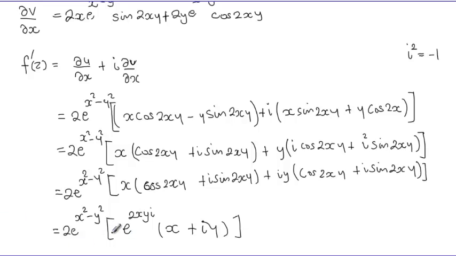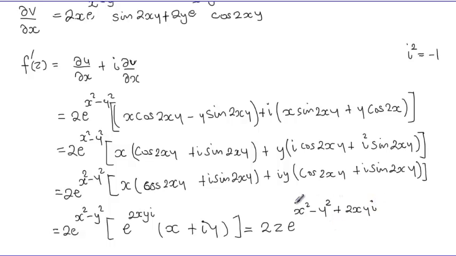Now it's clear that we can multiply this, and applying rules of exponents between these two exponential functions, we're going to have 2, and this is a z, so we're going to have 2z e^(x²−y²+2xyi).